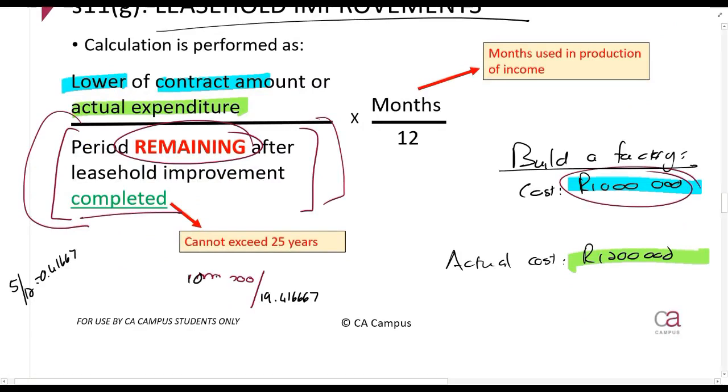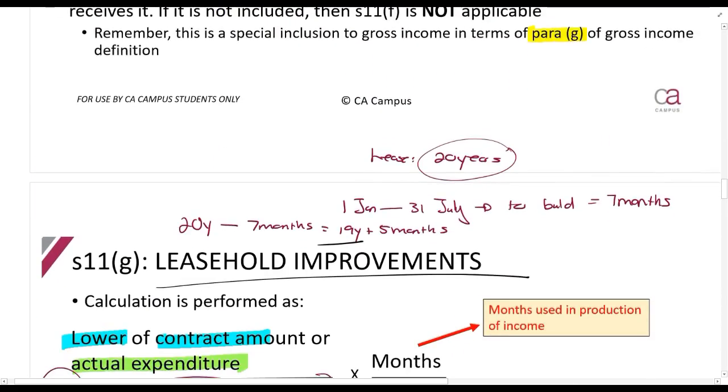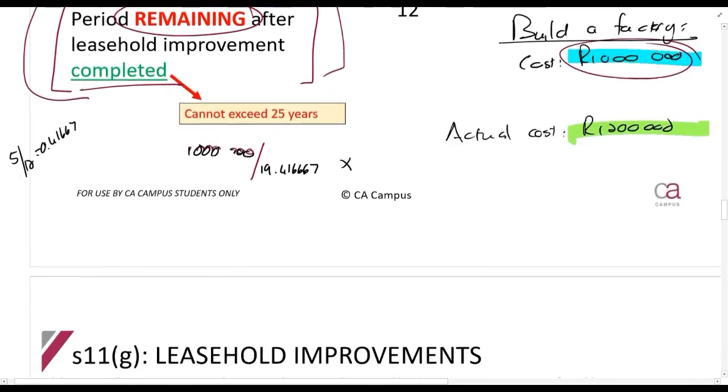So 1 million divided by 19.41667 times, and how many months did you use it? So we're assuming you then used it from August until December. So August, September, October, November, December. So 5 over 12. So that's the one way of doing it, guys, by converting those years into a decimal.